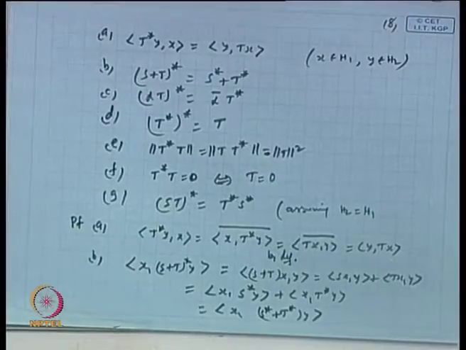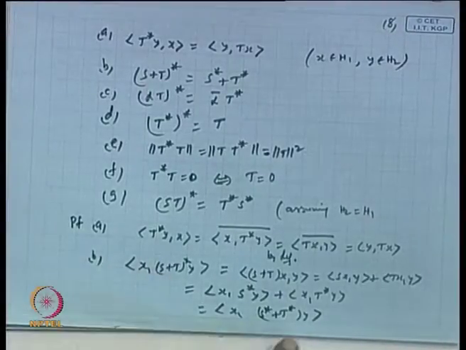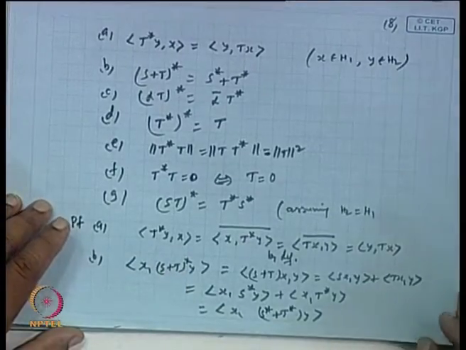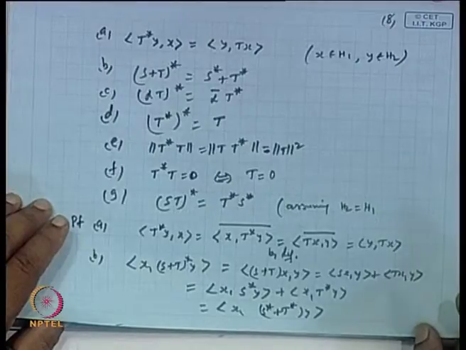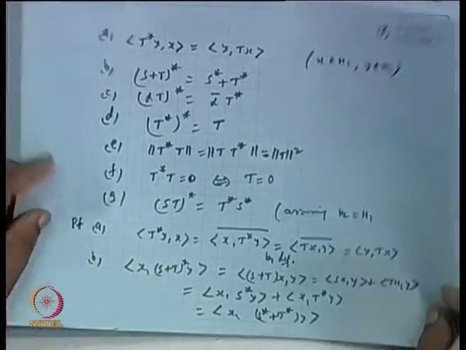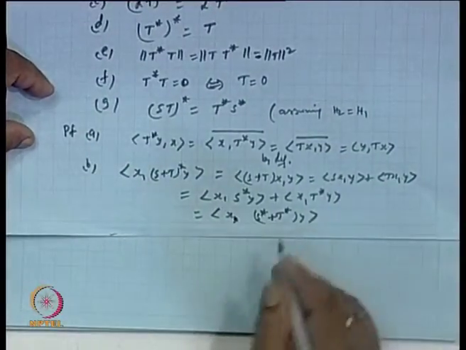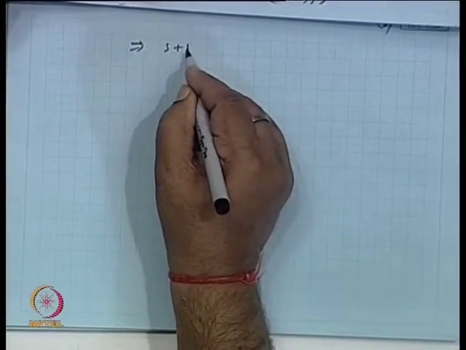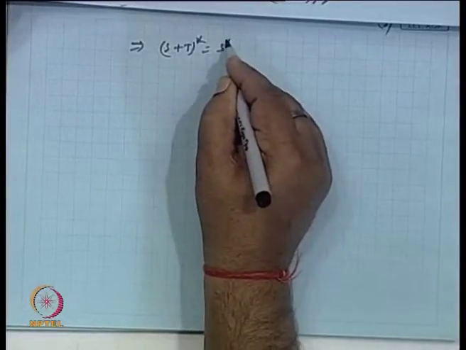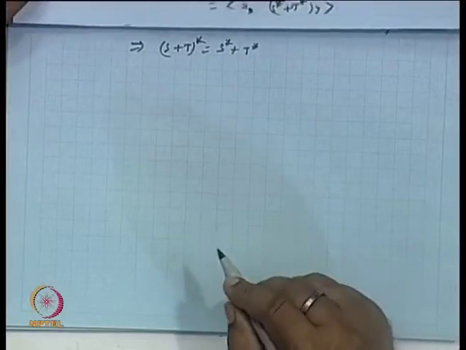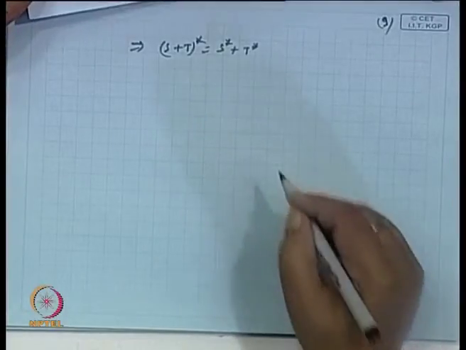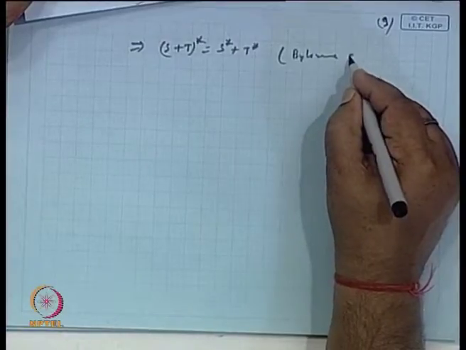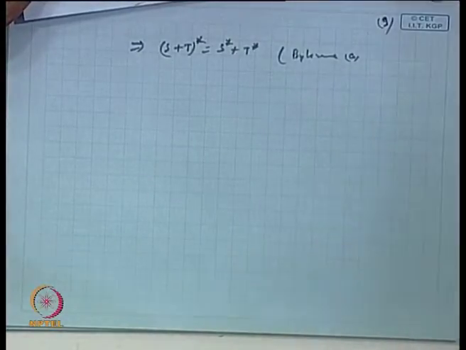Okay. Now, this is equal to this. Can you say this product is equal to this? Sir, take them here, will be the sum, like x comma. So, can you say from here (S+T)* equal to S* plus T*? Yes, because by the lemma, first part, what was the lemma?